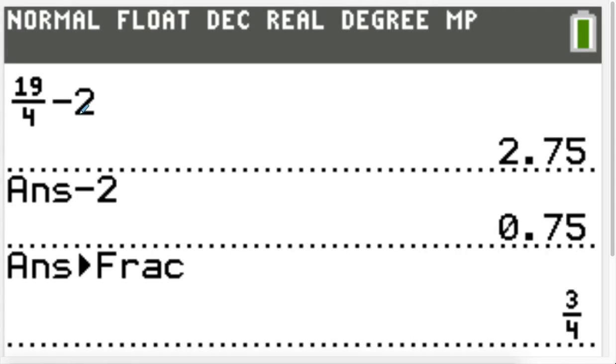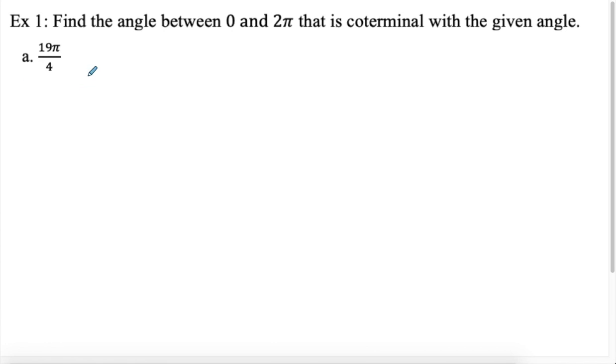And we just want to keep doing that until we get a value that's in between 0 and 2. So if I subtract two rotations, I get 0.75. So to write these, though, we always want to write them as a fraction. So for the answer here, I would say that 3 pi over 4 is a coterminal angle with 19 pi over 4 that is in between 0 and 2 pi.